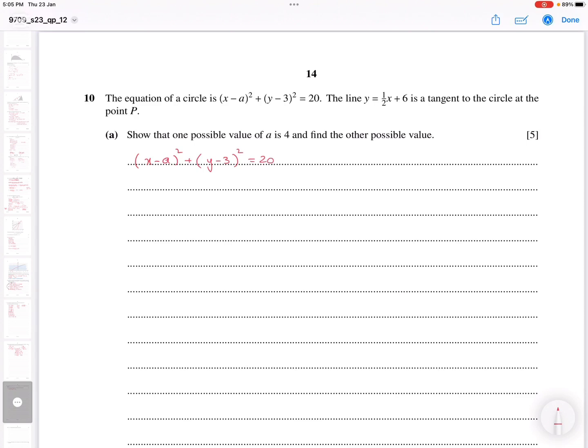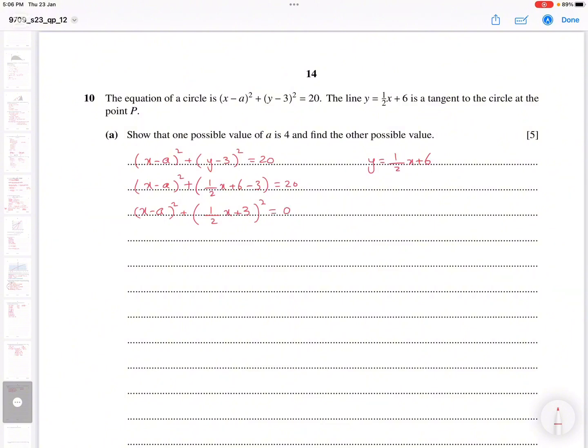My straight line equation is y equals 1 over 2x plus 6. So I will replace this in y. In this y I am going to write 1 over 2x plus 6 minus 3 is equal to 20. So this becomes x minus a whole square plus 1 over 2x plus 3 whole square equals 20.